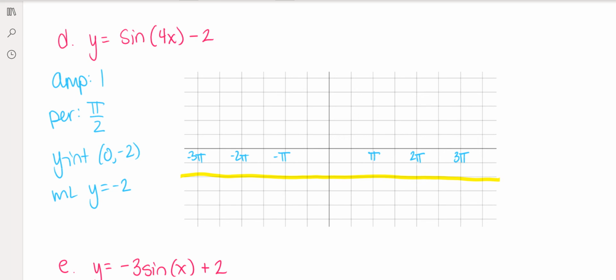And now I'm going to start graphing all my points. So my y-intercept is negative 2, but the period is pi. So you guys are going to have to be very, very, very careful with this one because one whole cycle has to be done within that little itty bitty tiny space.